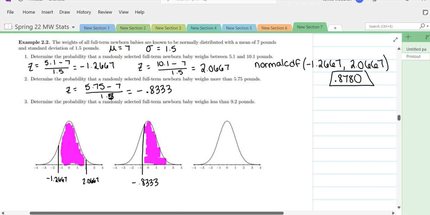In my calculator here, I would go normal CDF. My lower limit would be negative 0.8333. My upper limit, 99.